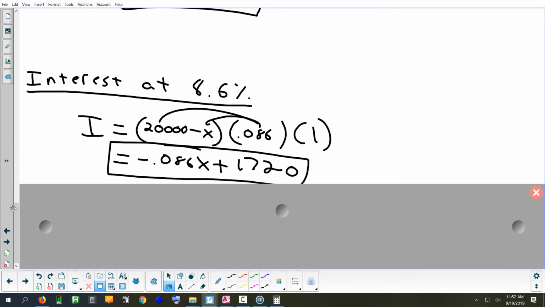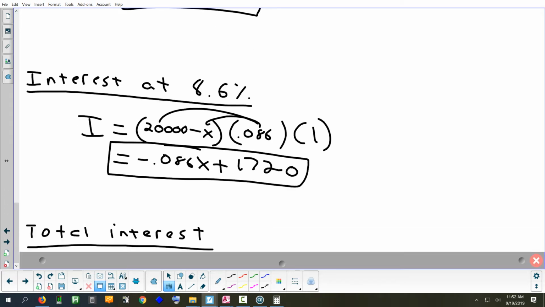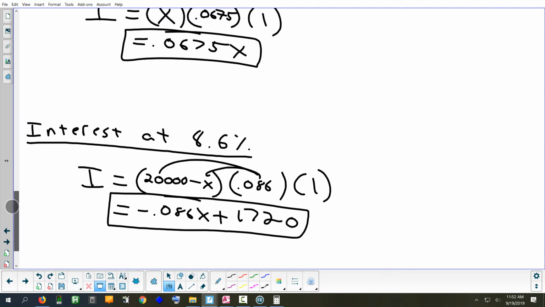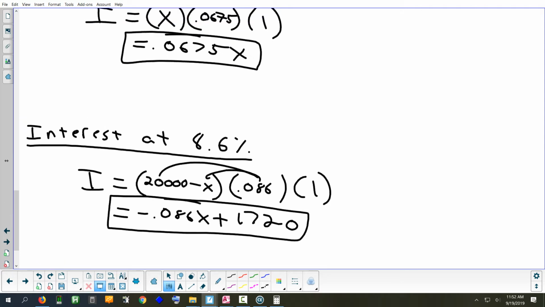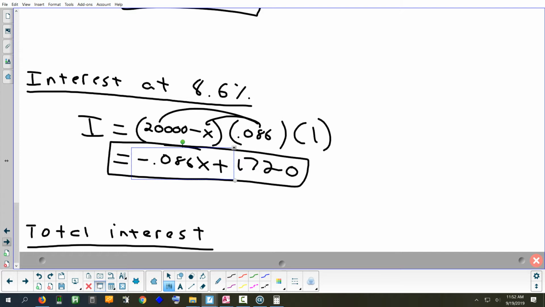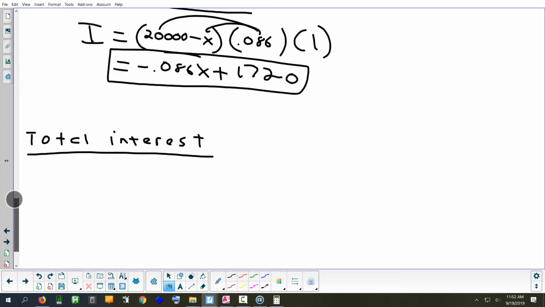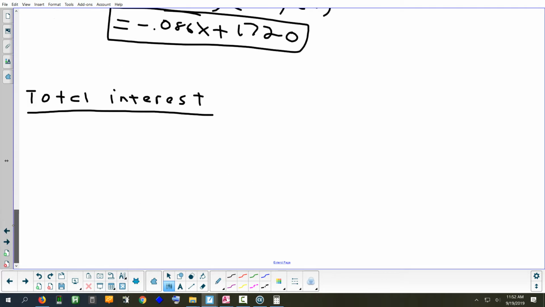Now, they want us to write a formula for the total. So what am I going to do with each formula to find the total interest? Yep. Add them up. So the formula from the first investment is 0.0675x.